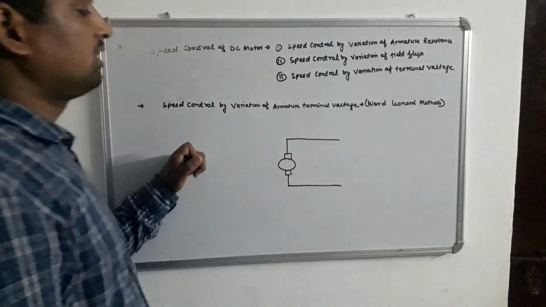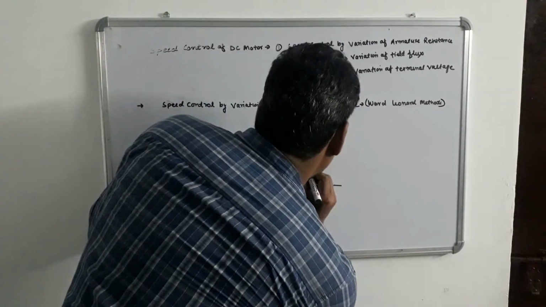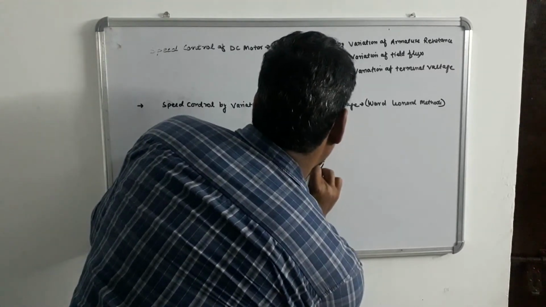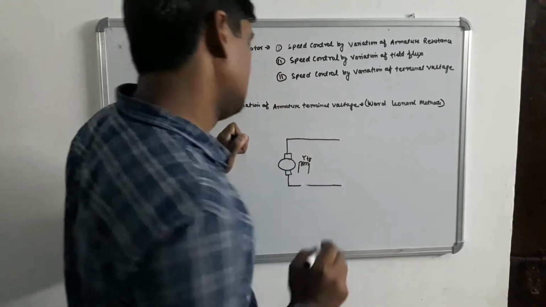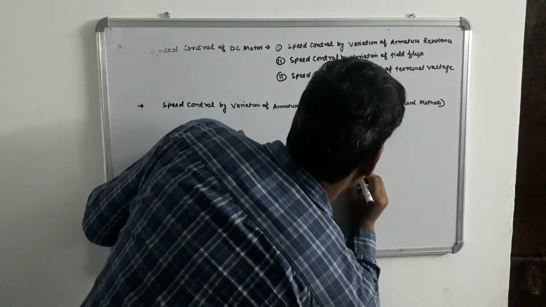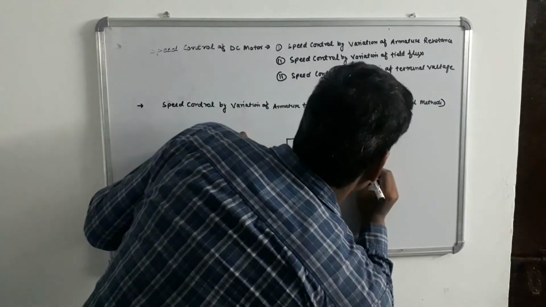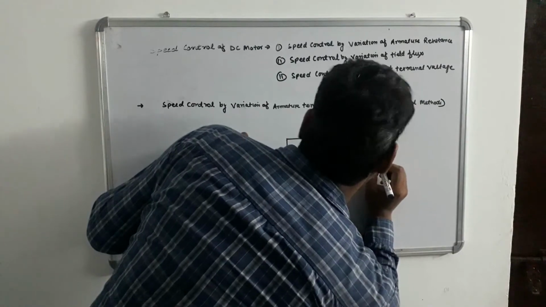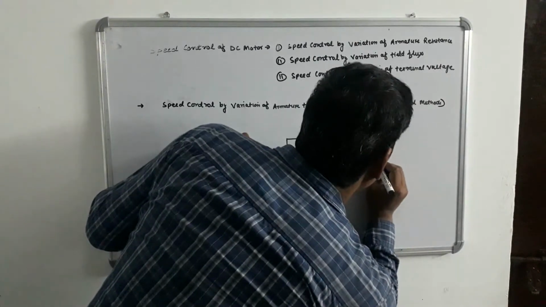The output terminal of the DC generator will be connected to the armature of the separately excited DC motor. This is the field winding RFG, and this is the field winding of the motor, RFM.